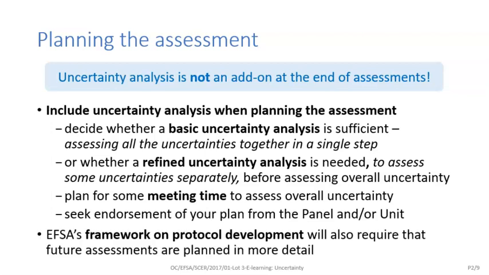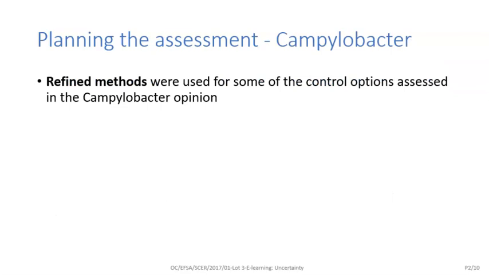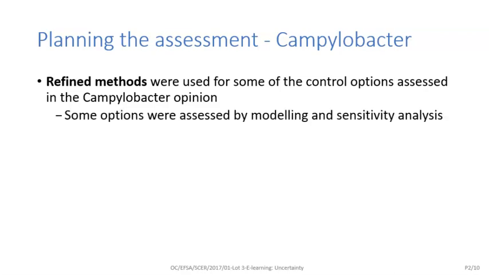EFSA's framework on protocol development will also require that future assessments are planned in more detail. When planning the Campylobacter assessment, the panel decided to use refined methods for some of the control options. Some options were assessed by modelling, which quantified uncertainty for some of the model parameters, and some sensitivity analysis was performed.